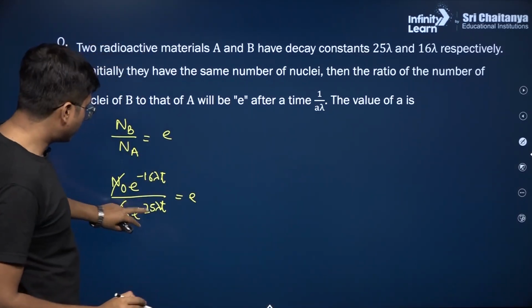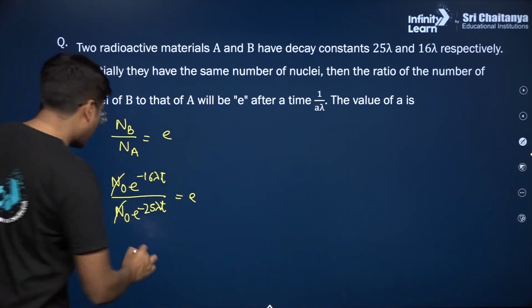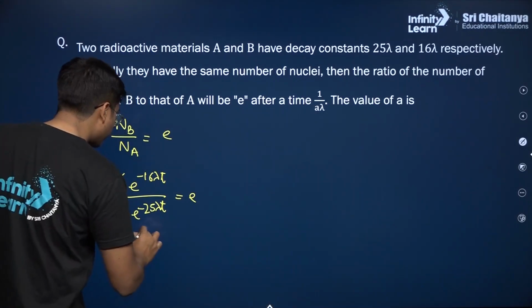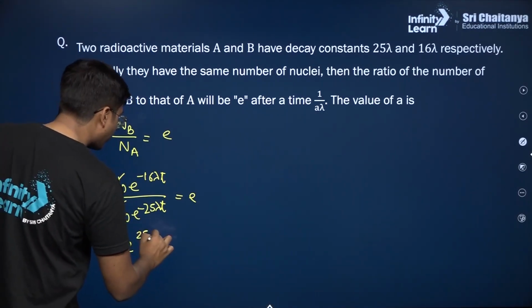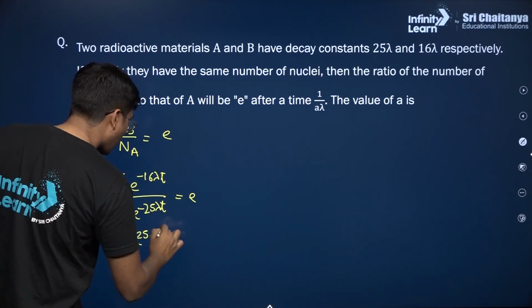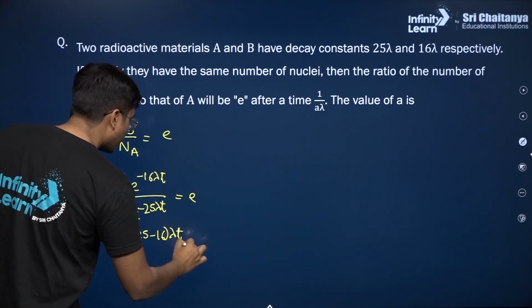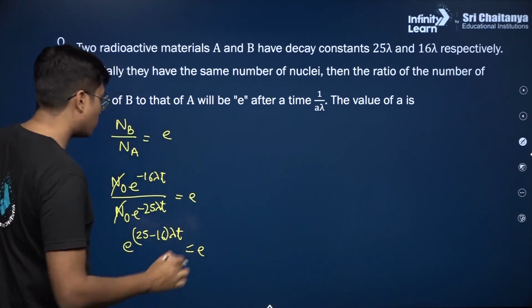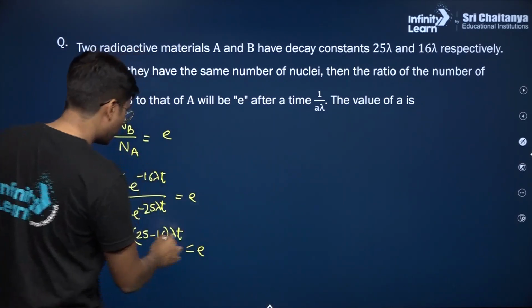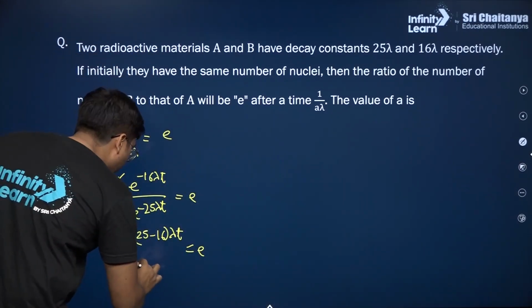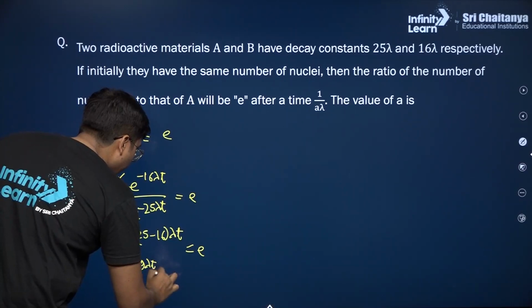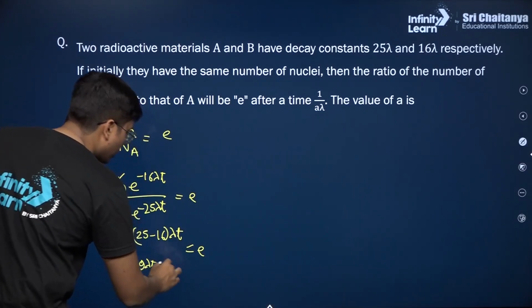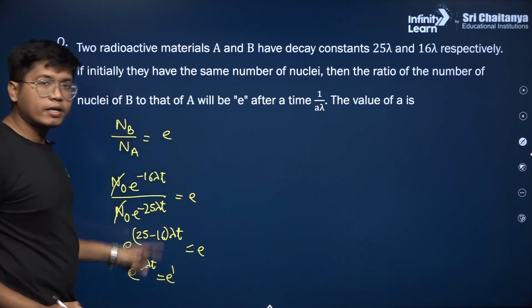You can just shift 25 lambda t up top, so that this becomes e to the power 25 minus 16 lambda t is equal to E. So this is just 9, e to the power 9 lambda t is equal to E. So this is e to the power 1, so 9 lambda t is equal to 1.